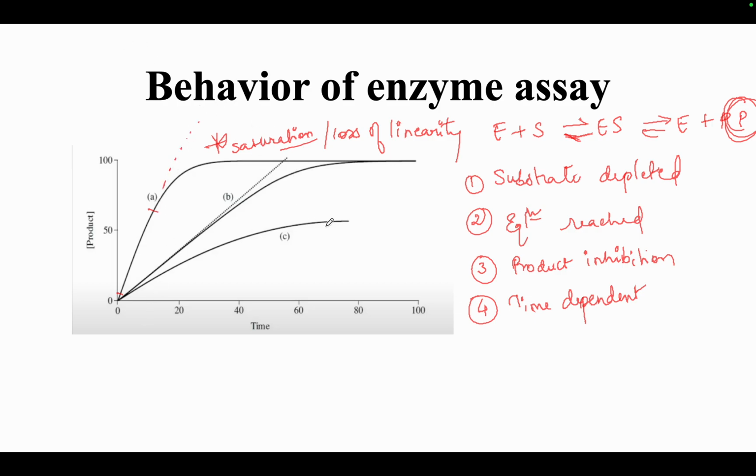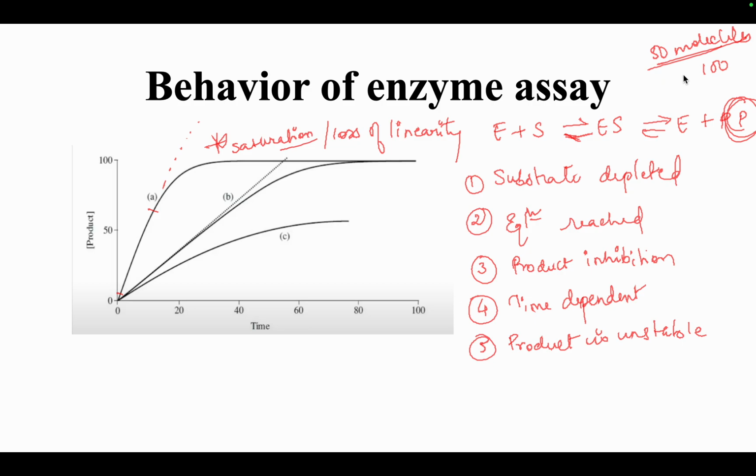Another reason could be that the product which is formed is unstable. The product might be unstable in the assay and getting degraded. So the product we are measuring is only the undegraded product. Suppose we are getting 100 molecules of product, and around 50 molecules might be getting degraded because of some assay conditions.